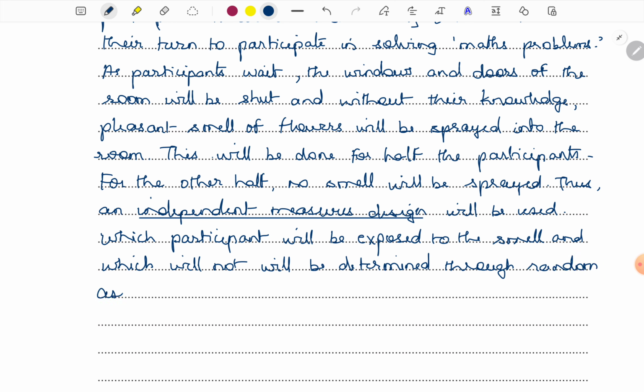Since random allocation is not a part of the AS level study designing, I am not elaborating on how a lottery method will be used for it. I'm just specifying it here as a passing part of the procedure.